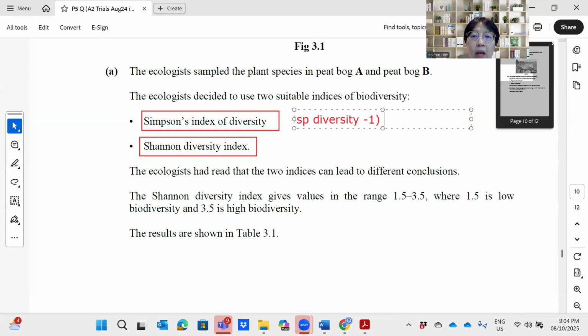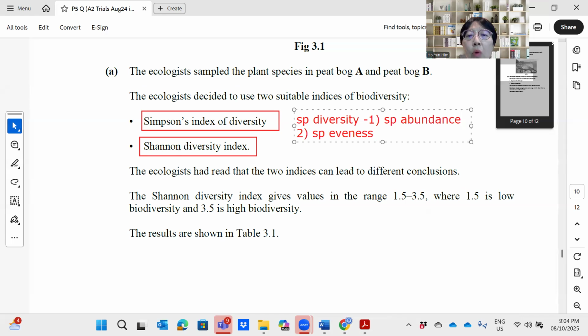Number 1 is species richness, and number 2 is species evenness. Number 1, different number of types of species.